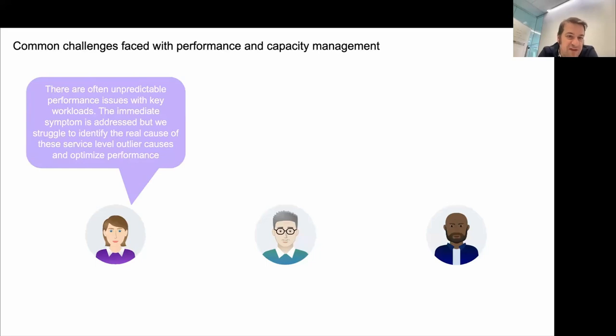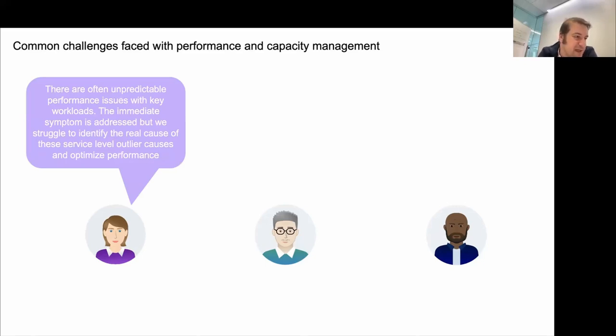Firstly, we have a challenge around unpredictable workload patterns, and the key workloads are changing. This may be a result of, like I mentioned, changes in underlying assumptions on what's happening there. What happens is often that we have to react to the issue.